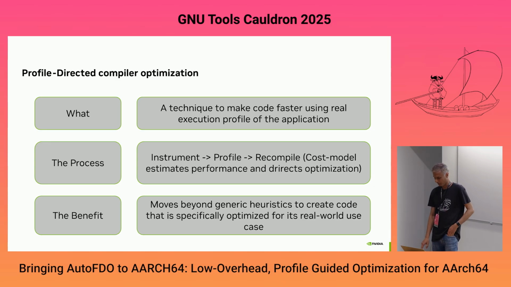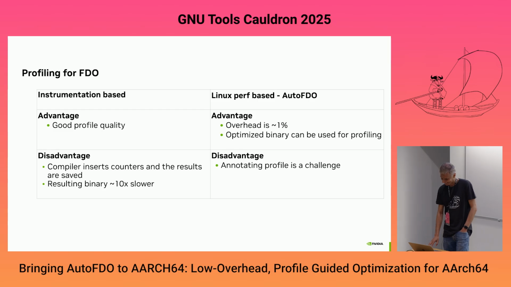The hope here is that we'll have an application that is optimized for real use cases. At least that's the hope. There are a couple of ways in which we can capture profiles. As you would imagine, one is instrumentation-based, the other is perf-based, which is what AutoFDO uses.